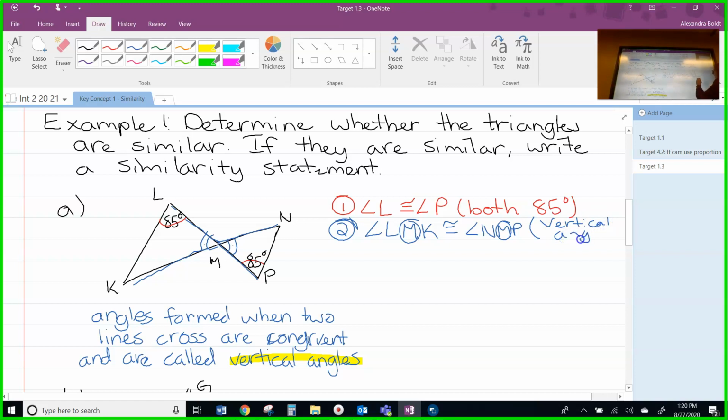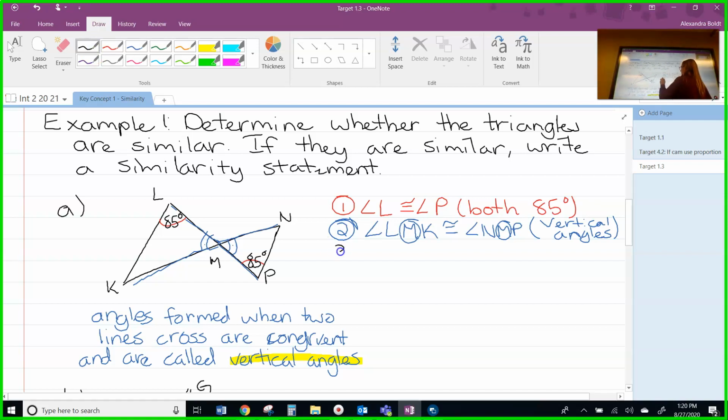So you should be writing these reasons on your paper as well, like on homework, quizzes, tests, all those kind of things. Alright, so I have my two sets of angles. That's all I need. So now I can say these triangles are similar.